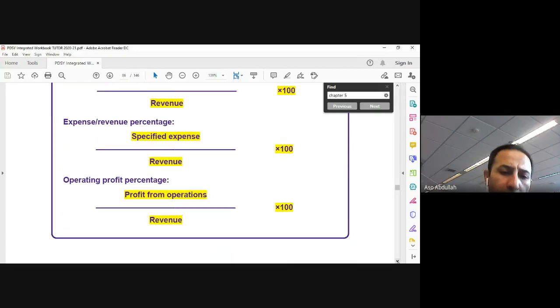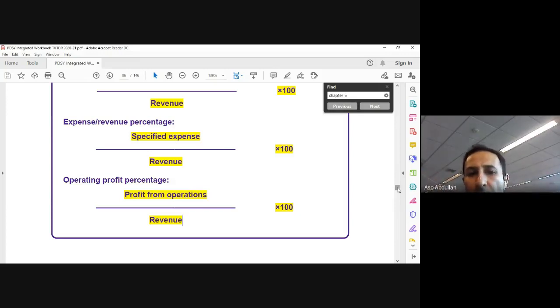Another ratio for analyzing business performance is operating profit. It means profit from operations over revenue. If you remember the first one, we said profit from operations over equity plus non-current liabilities. But this time we compare profit from operations with revenue, to see the relationship.